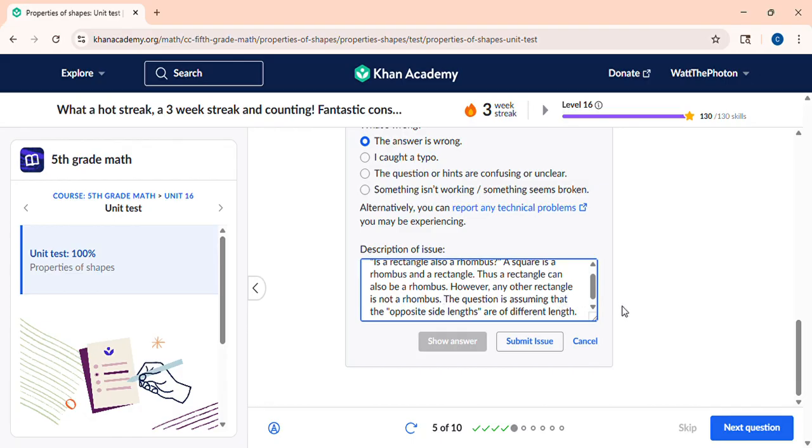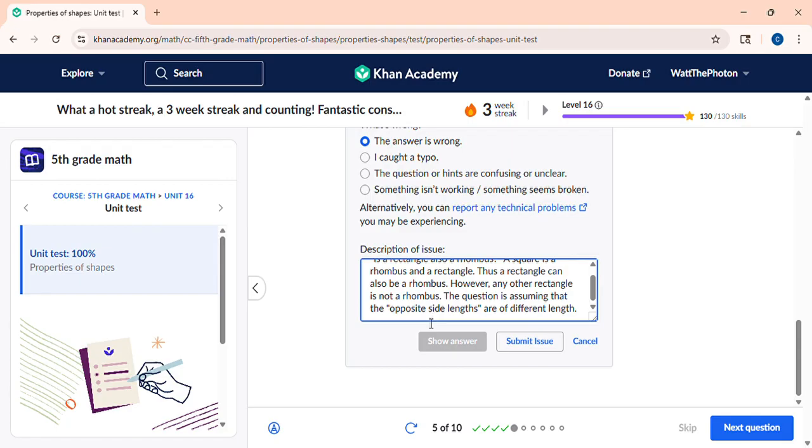The question, however, is correct for most, not all. It's not a rhombus.